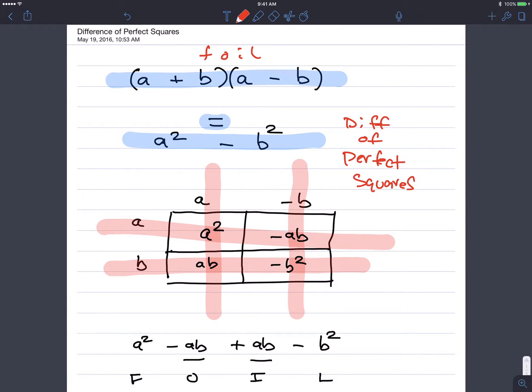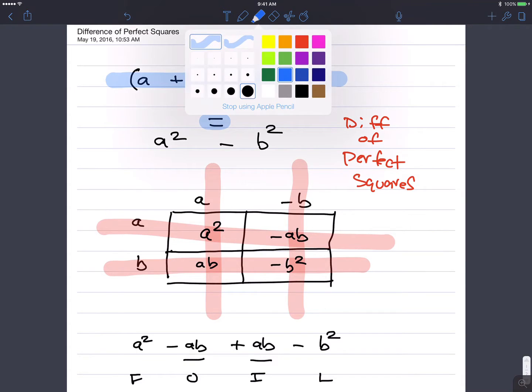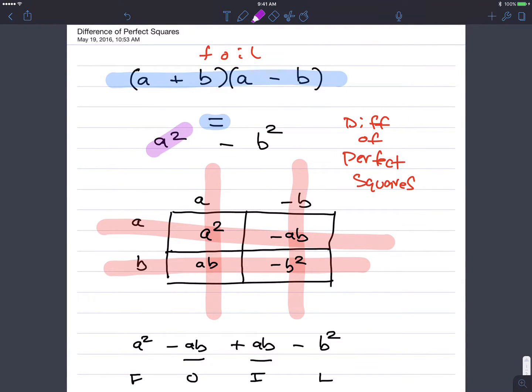It's known because you have a difference, and what we're gonna find out today is that these terms that we're looking at right here, a squared and b squared, are called perfect squares. So anything that is raised to the second power can be thought of as a perfect square. So this is called the difference of perfect squares formula.